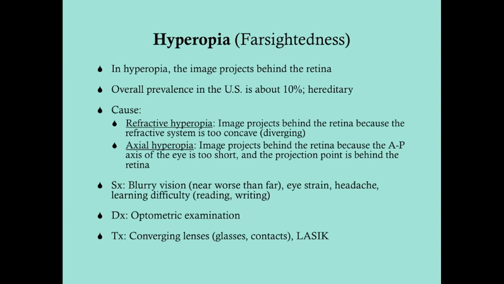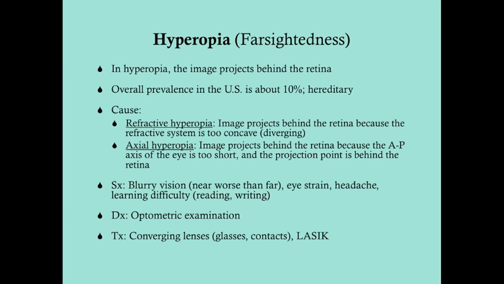So again, with hyperopia, there's a refractive cause and an axial cause. With refractive hyperopia, the image projects behind the retina because the refractive system is too concave. And so in that case, you have a lens that is too diverging, so it's not projecting quickly enough.